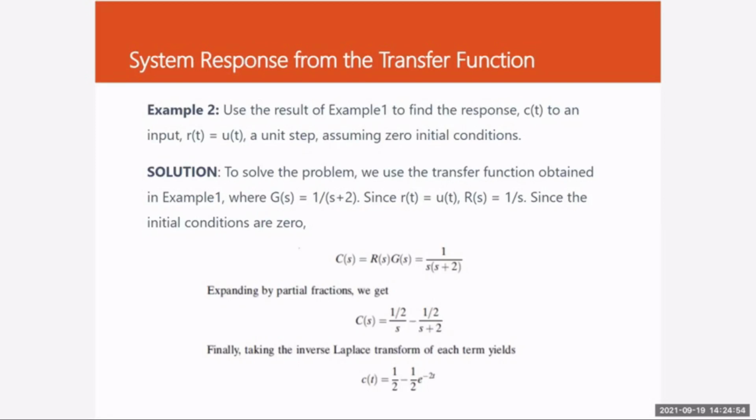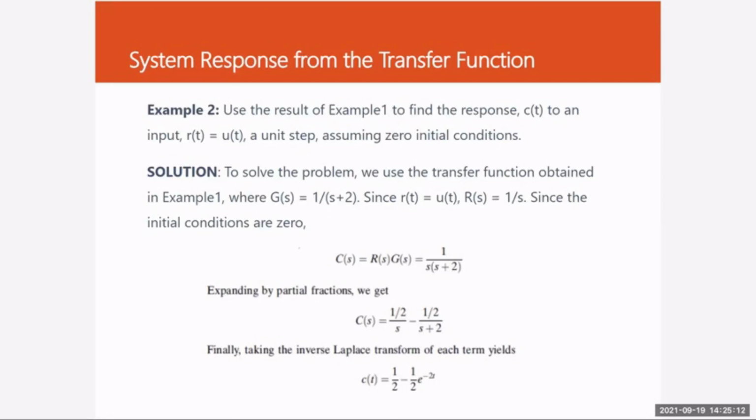To solve the problem, we use the transfer function obtained in example number 1, which is 1 over s plus 2. Since r(t) is equal to u(t), R(s) is equal to 1 over s, and the initial conditions are 0, we can proceed.